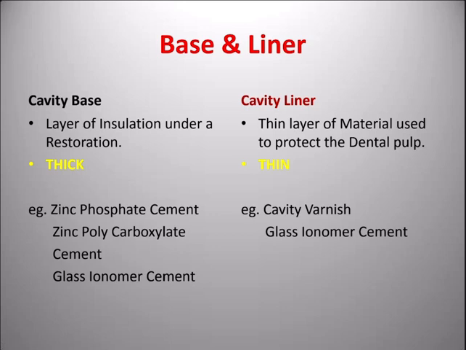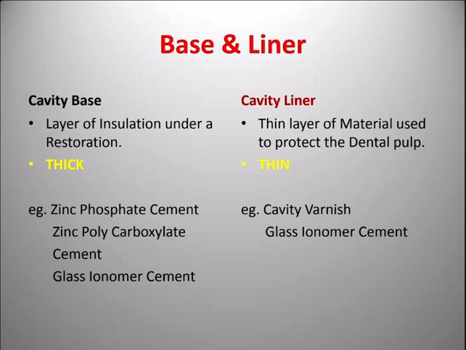It also protects against masticatory forces. As the name suggests, it is given as a thicker layer. Always keep in mind: base is thicker and cavity liner is thinner. Examples of materials used as bases: zinc phosphate cement, zinc polycarboxylate cement, glass ionomer cement, etc.